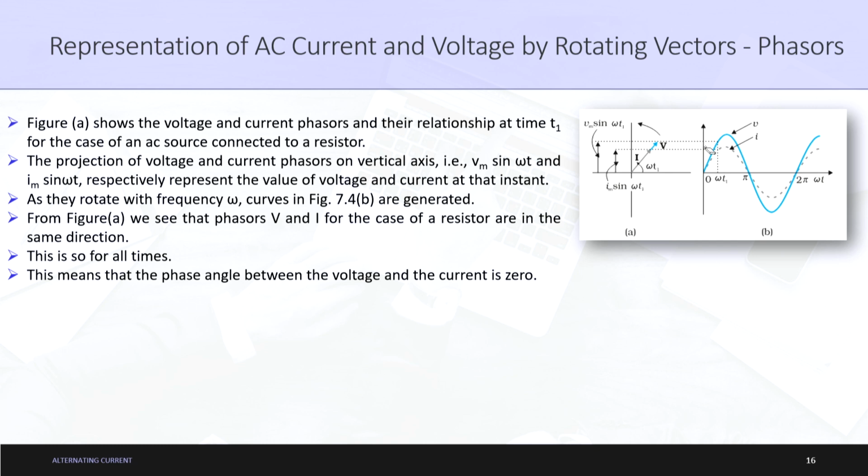At some time t1 just drop a perpendicular to this location and then move it towards left. If I make a circle like this, basically this is at some time t1.